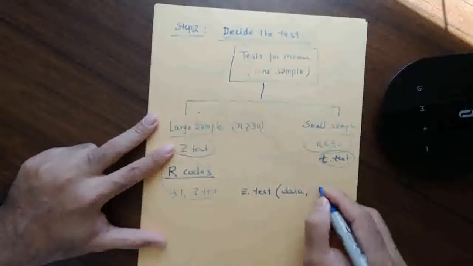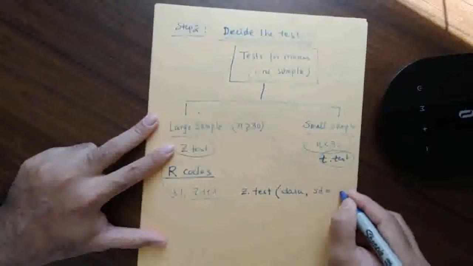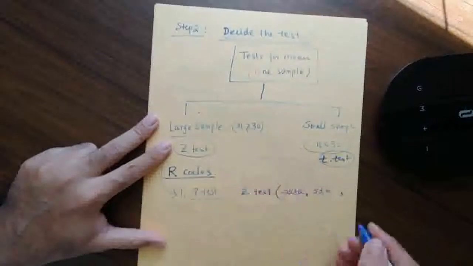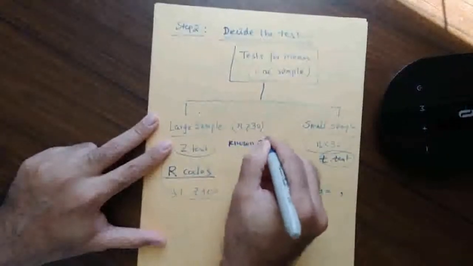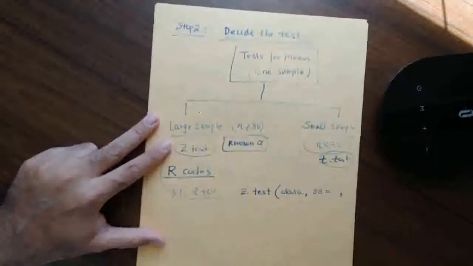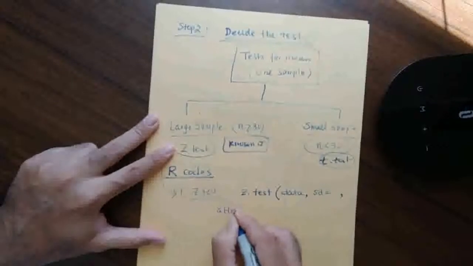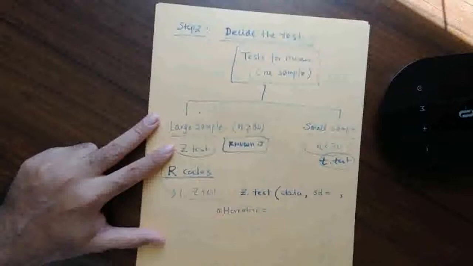and then you have to write down what the standard deviation is. What is the value of the standard deviation? Because for n bigger than or equal to 30, you should know. So this is known sigma. You should know the standard deviation. So you have to put it in there. Also, how do you decide it's a one-sided or two-sided test?